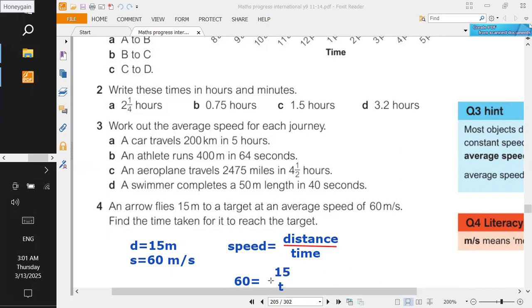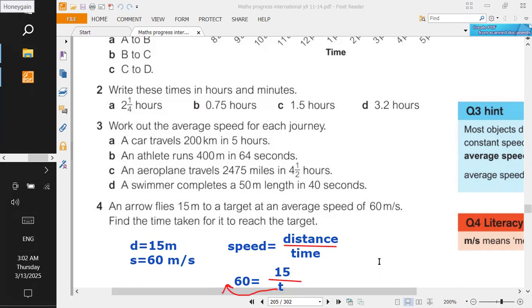Now, as you can see, this formula here, we need to rearrange to make t the subject. In every fraction, I can move the denominator to the other side, and I have to move the whole denominator, so t here, multiplied by the other side. Because this is divided by t, I'm going to take it by multiplying over here.